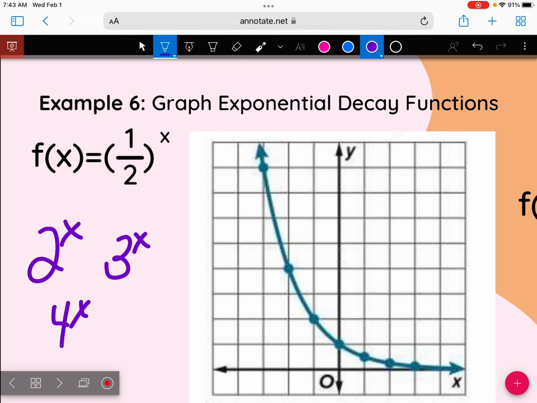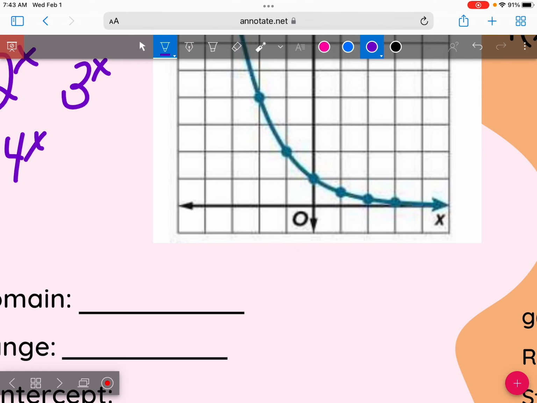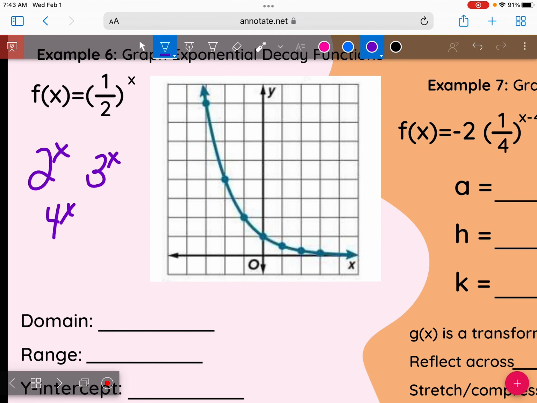What is our domain? Domain is our x's or y's? It's our x's, right? So where is it going in the x's? Think about if I were to keep going towards negative x's, where am I going? Am I going to keep going towards negative x's? Is that possible? Yes. Is it possible for it to keep going towards positive x's?